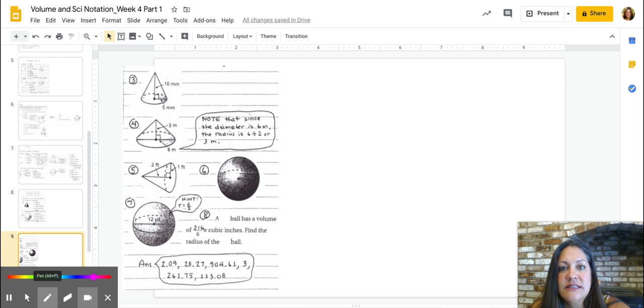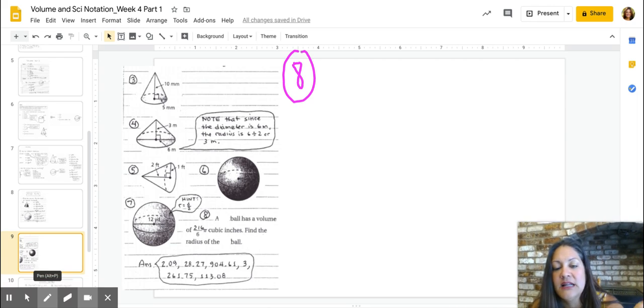Number 8, and this one does not have a picture. How dare it? Let's read it. A ball has a volume of 216 over 6 times pi cubic inches. Find the radius of the ball. So what it is telling us is our volume.